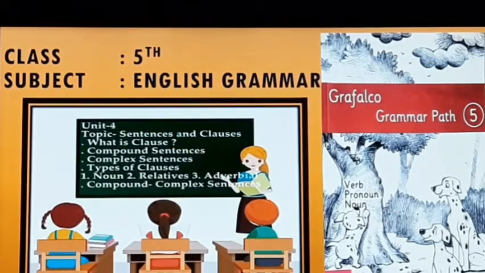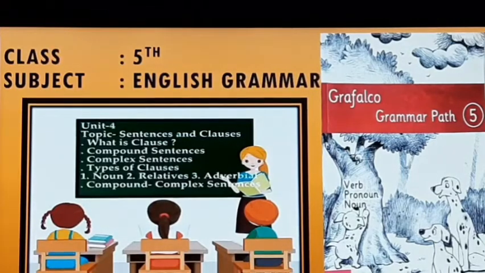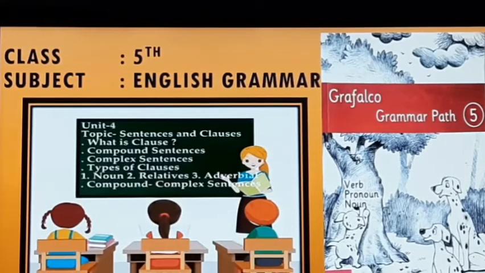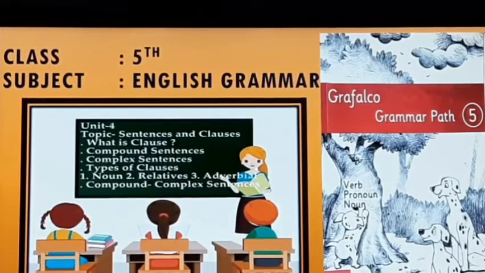My dear students, you have seen compound sentences. The definition of compound sentences you learned. See, compound sentences has two main clauses that we saw with the help of the video. The clauses in the compound sentences are joined by what? Yes, that is coordinating conjunction.